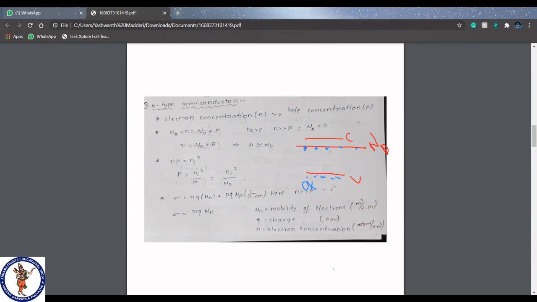Okay, let us assume 50 kelvins. In this case, these electrons cannot move from here to here, but these electrons can easily move because the energy gap between these two is very small, and they can move with less energy.